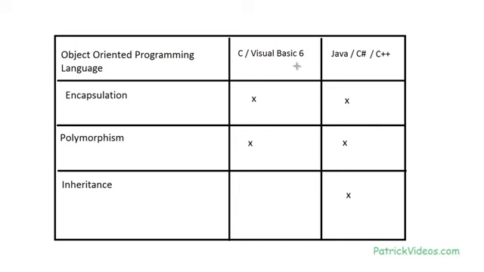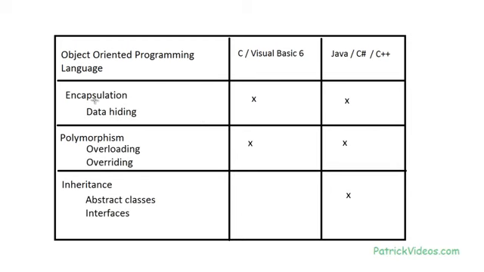C and Visual Basic 6 satisfy encapsulation and polymorphism, whereas Java, C#, C++ satisfy all rules: encapsulation, polymorphism, and inheritance. So that is why languages like Java, C# and C++ are called object-oriented programming languages, whereas C and Visual Basic 6, even though they can also create classes and objects, are not considered object-oriented programming languages.